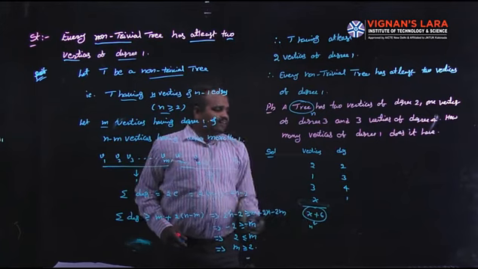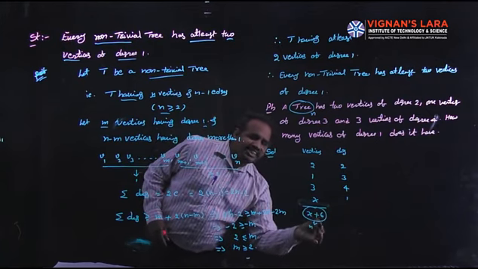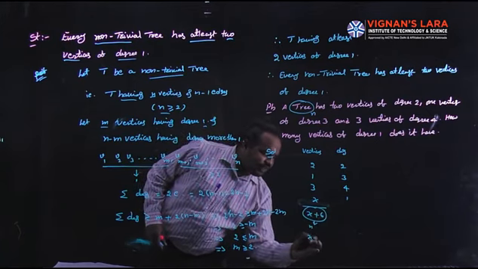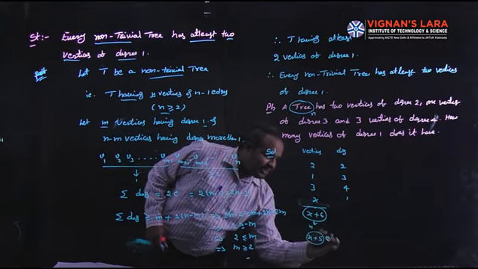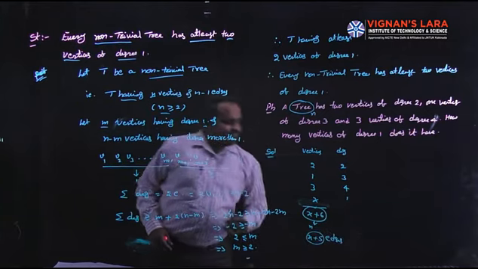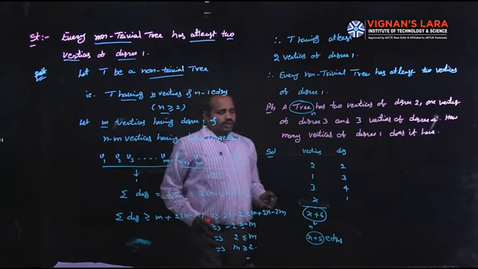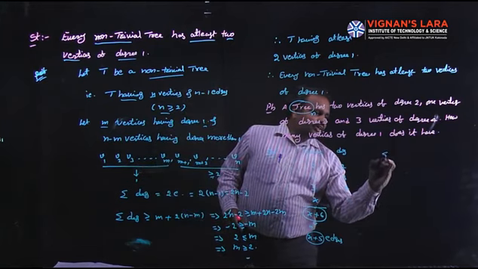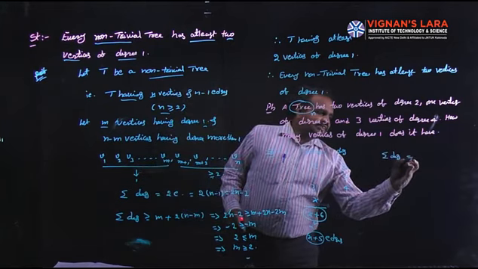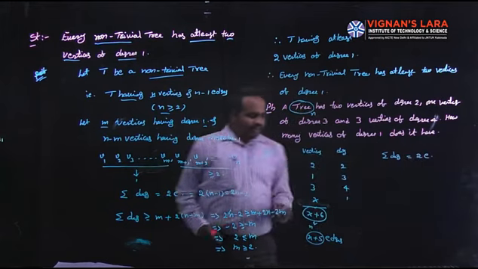So how many edges does this graph have? x plus 6 minus 1, that means x plus 5 edges. Now we know the formula: the sum of the degrees is equal to 2 times the number of edges.